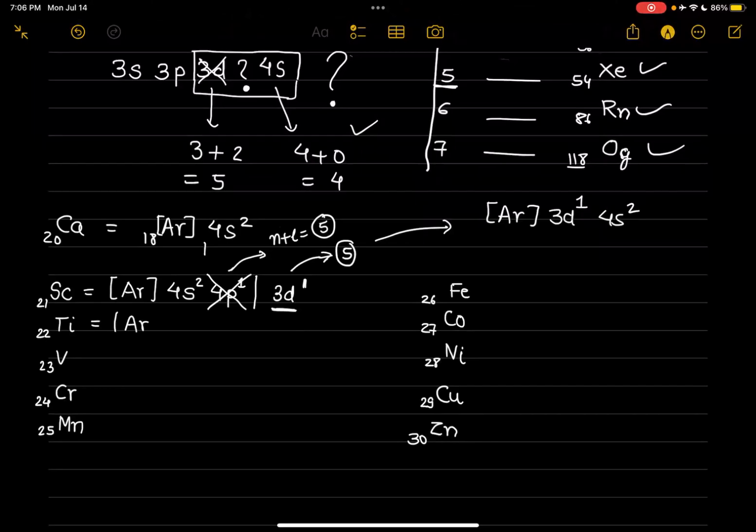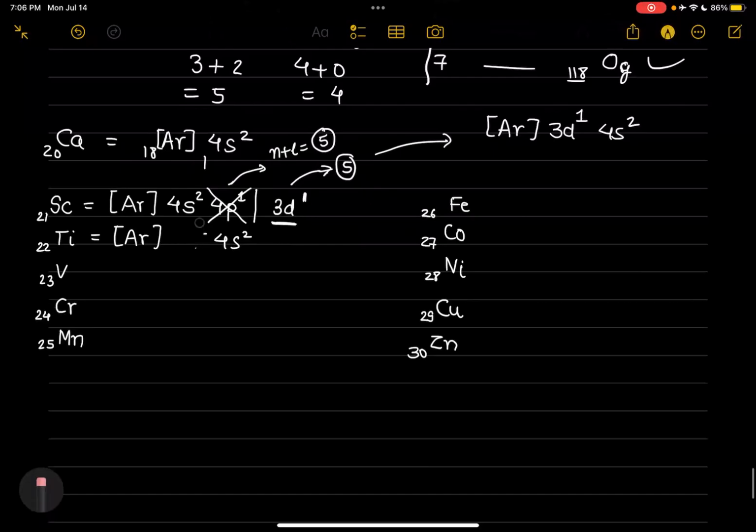Argon, 3d2, 4s2. There is one more doubt, but I hope you will be able to figure it out as we discussed. The doubt is about how we are going to put the electrons. How many orbitals are there in the d subshell?